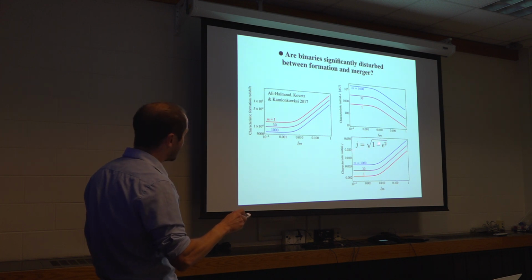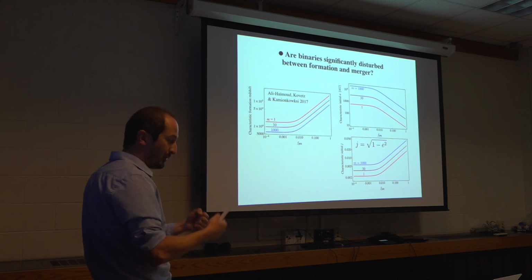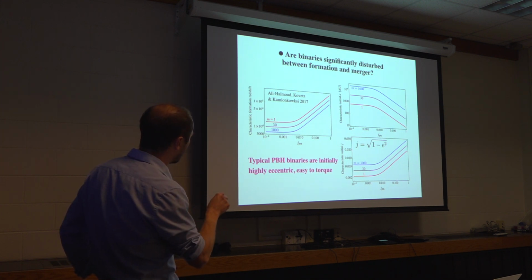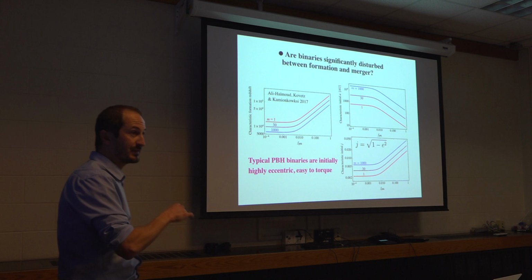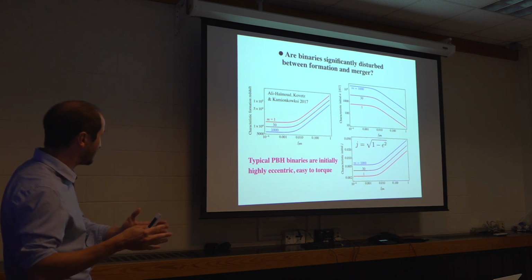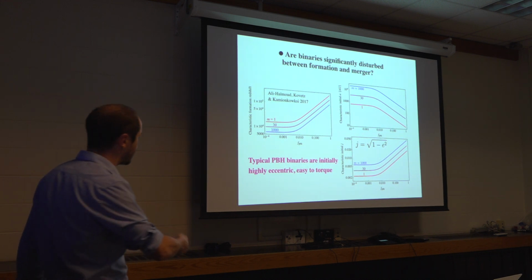So this is square root of 1 minus eccentricity squared. This is a small number, so these are highly eccentric binaries. So these are almost head-on binaries. And so those are very easy to torque. And so the question is, between the time they form bound systems around 10 to the 4 and the present, do they actually survive, or do they get significantly torqued?